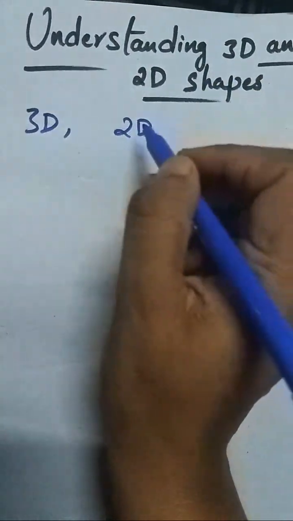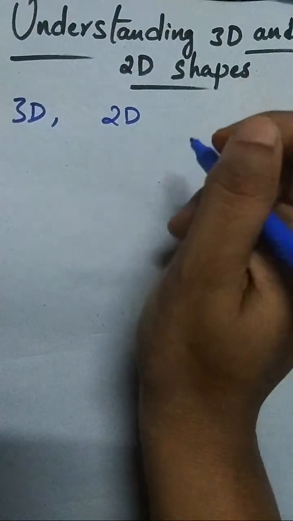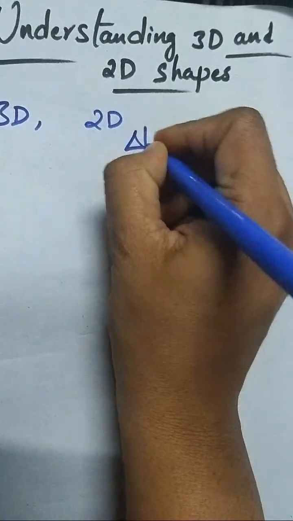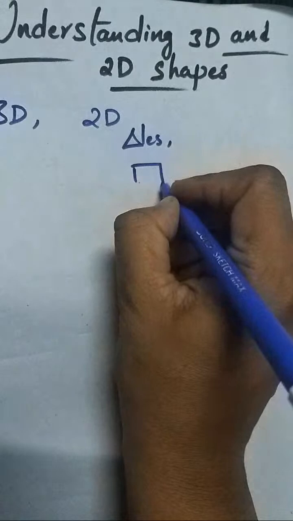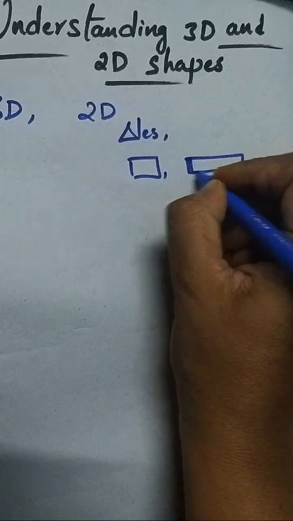We have learned about 2D shapes in our earlier classes. In previous classes we know triangle, square, rectangle, like these shapes we have learned already.